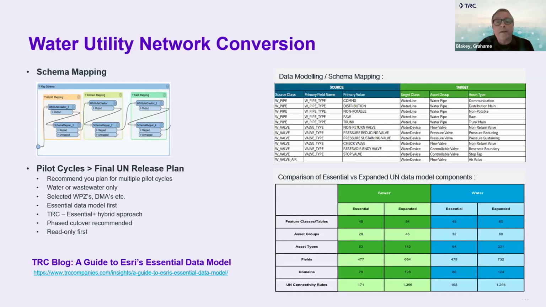So in response to that, here at TRC, we're currently pulling together a hybrid approach. Think of it as an Essentials Plus model, and this consists of bundles of connectivity rules, asset types, associations, custom relationships, etc., that would provide additional bespoke capability for a water company, which typically would be deployed incrementally post go live.